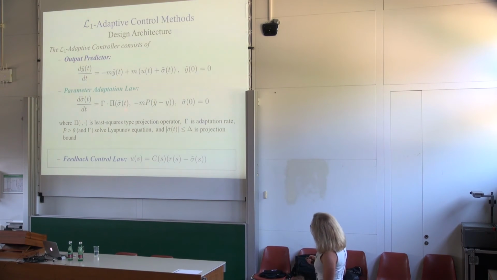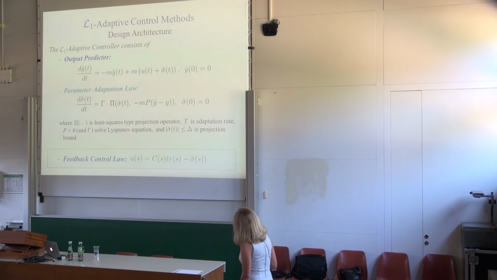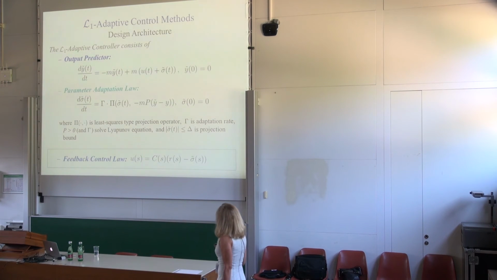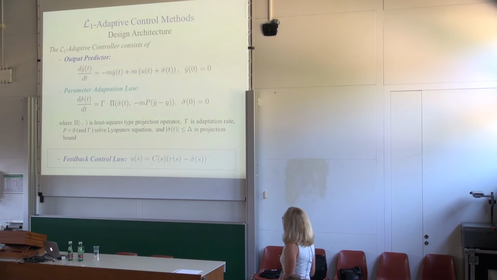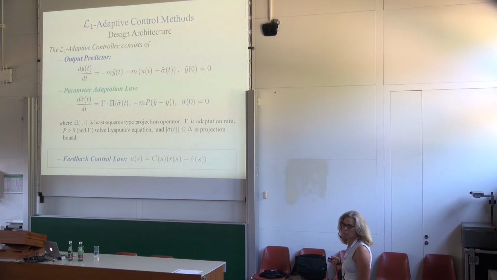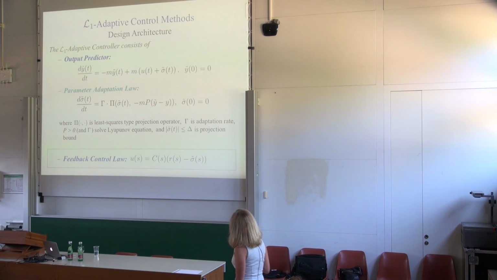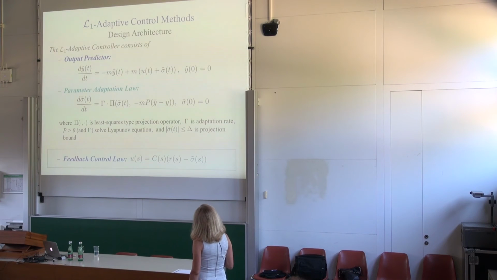Then we have what we call the parameter adaptation law. So this is where we're trying to use this parameter to inform our system how to adapt so that we can track the ideal closed loop system. So this is probably the heart of the adaptive control design here.